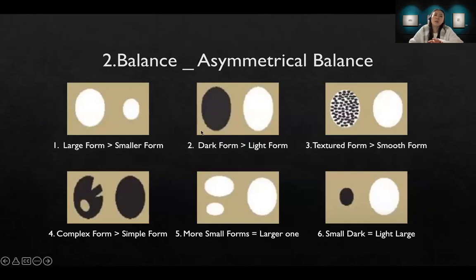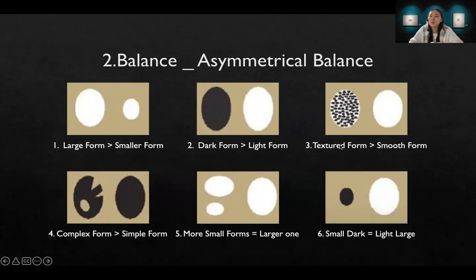And also, we saw the 6 types of asymmetrical balance in the last meeting. Let's just quickly remind them. The first one, a large form is visually heavier than a smaller form. The second one, a dark value form is visually heavier than a light value form of the same size.